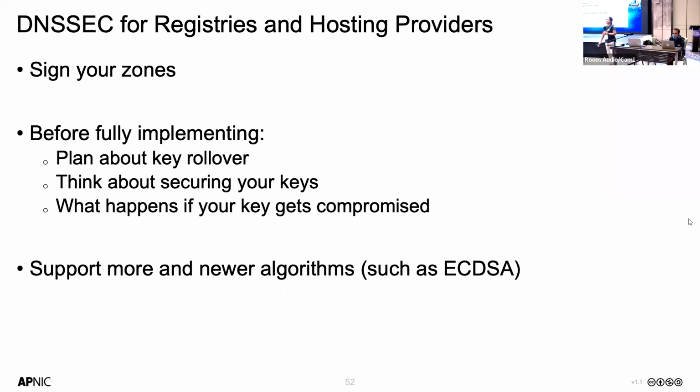So yes, now you can sign your zones, but before fully implementing that, it's not as simple. There's quite a few things to take into consideration and to plan. It looks easy when I mention it, but of course, when you do it yourselves, proper planning is required.